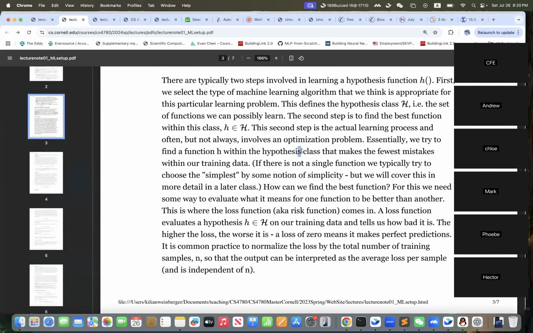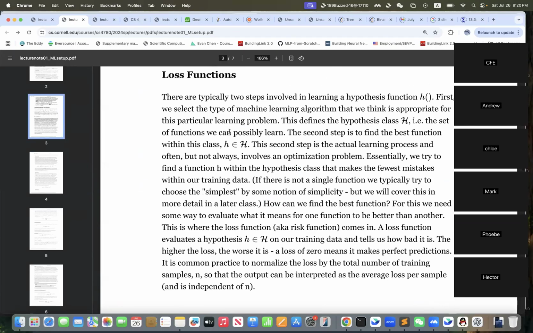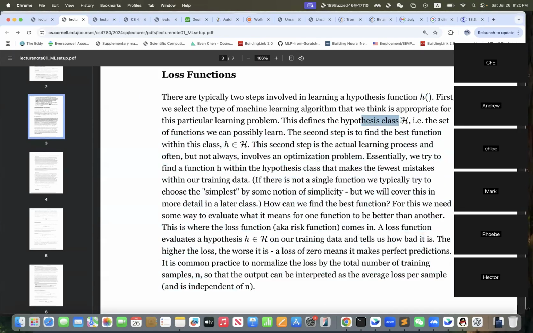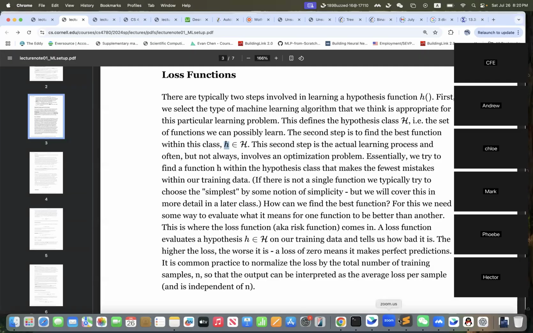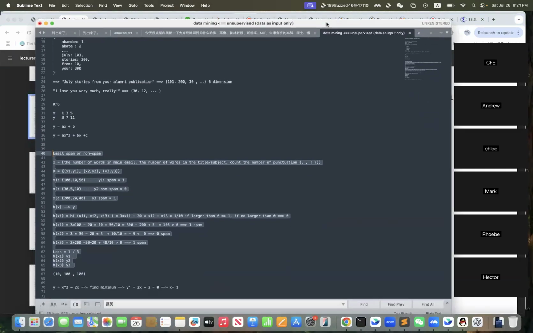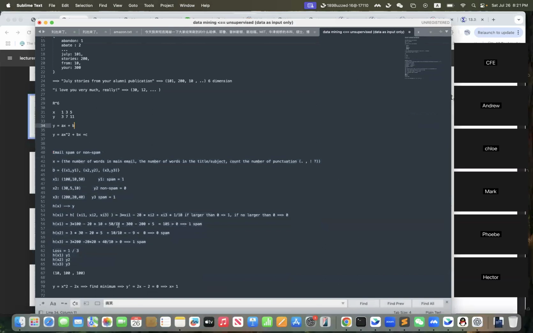Okay, so now we have a more concrete understanding of what a hypothesis function is. What is a hypothesis class? This is the large assumption we made. And how to use small h to find the loss. This is very important. We practiced it in the last lecture. Remember in this example, we gave a concrete example for what h is. This is one example of small h.